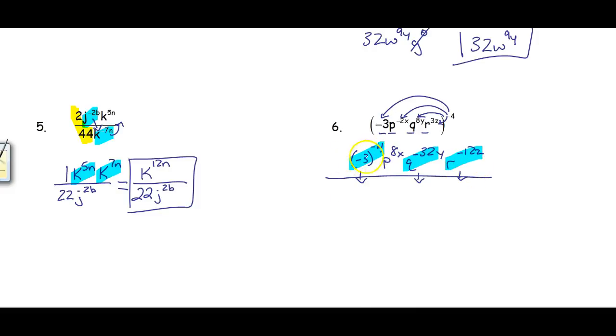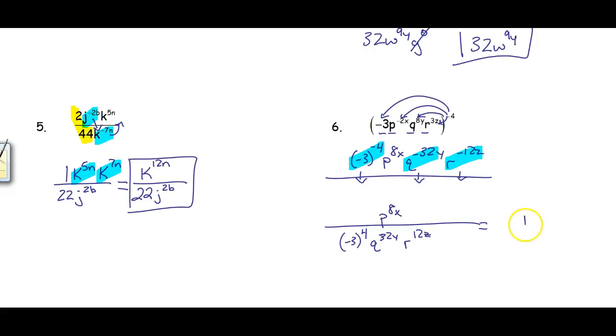So negative 3 raised to the 4th power now. Let's go ahead and keep our p to the 8x on top. Nothing else is staying on top. So negative 3 to the 4th power is 81. I'll go ahead and show this here. q to the 32y power is coming down, and r to the 12z is coming down.